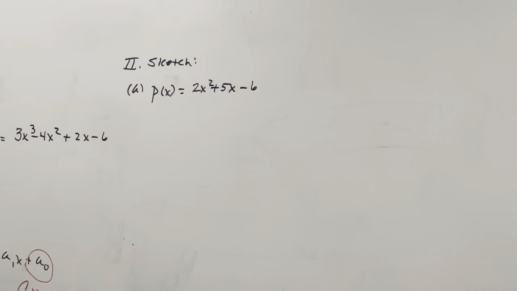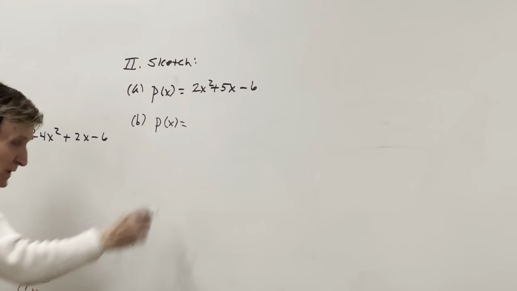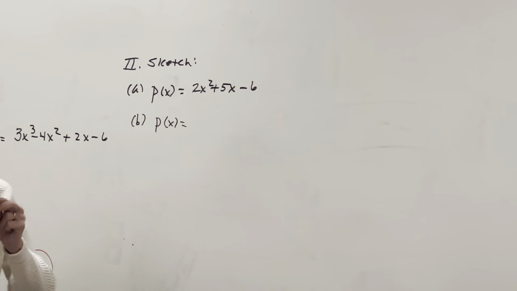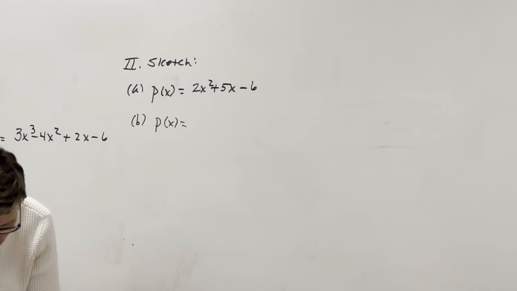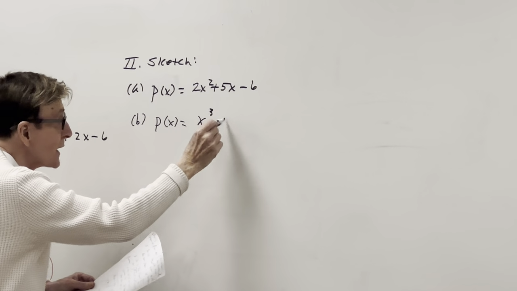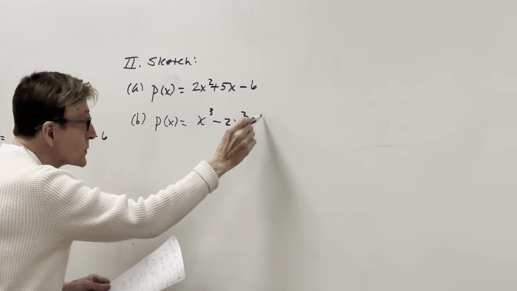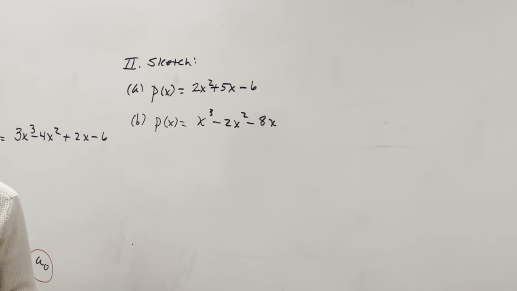Now though, I have not done one like this with this class, and then we'll get to the handout. Sketch, well here goes, x cubed, subtract 2x squared, subtract 8x. I'd like to start out with that one before I get to the handout.